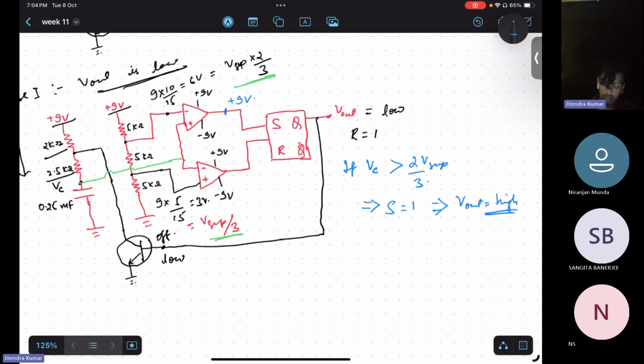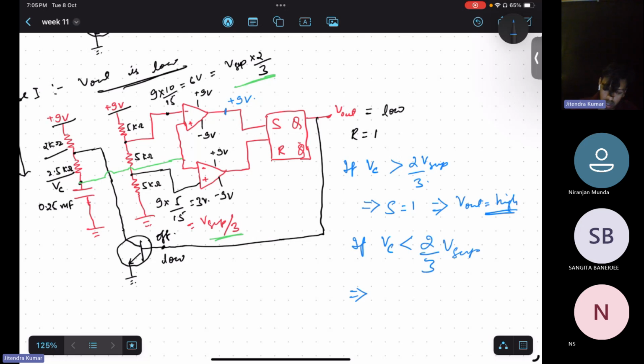Okay. Similarly, if VC is less than 2 by 3 V supply, then the output will be minus 9 volt.